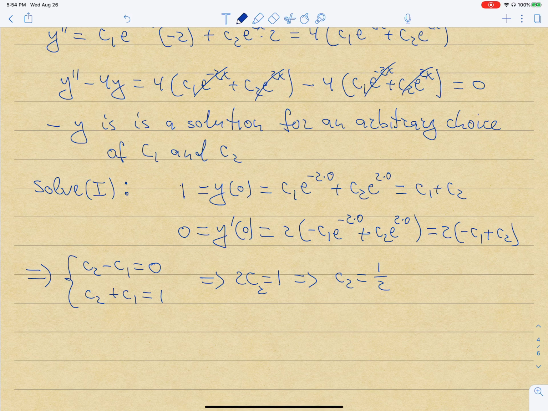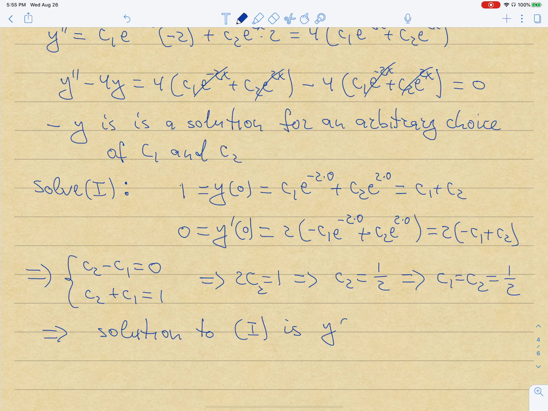And then from the first equation, C1 is equal to C2, and so therefore, C1 is also 1/2. And so then the solution to initial value problem 1 is y of x equal to 1/2 e to the minus 2x plus 1/2 e to the 2x.